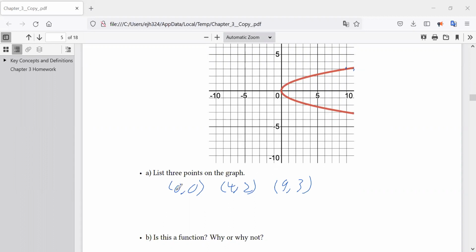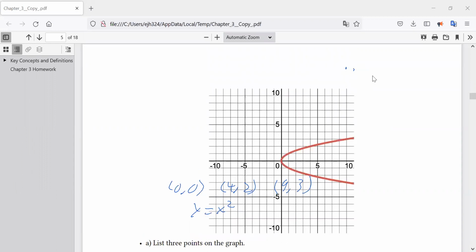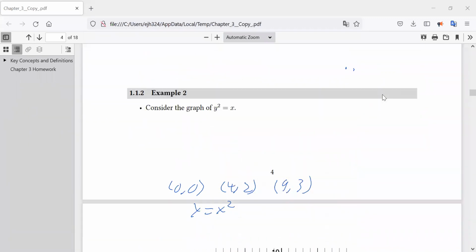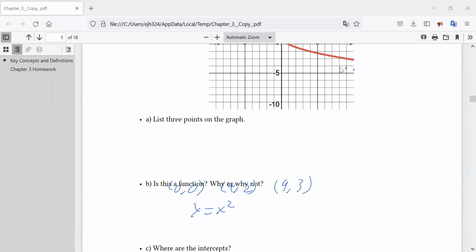The reason I'm saying that is because this is y squared equals x, right? Opposite of y equals x squared.